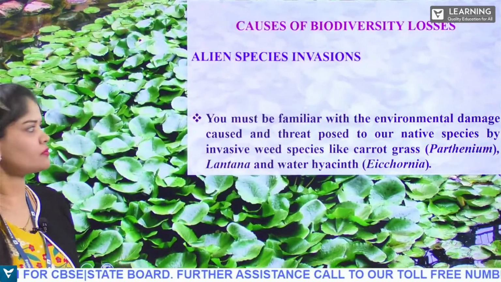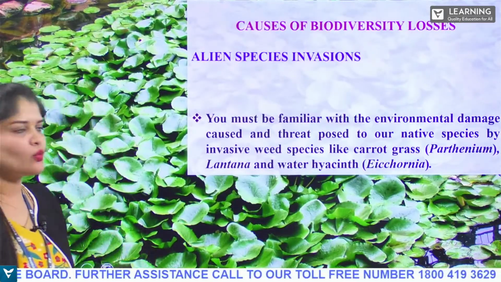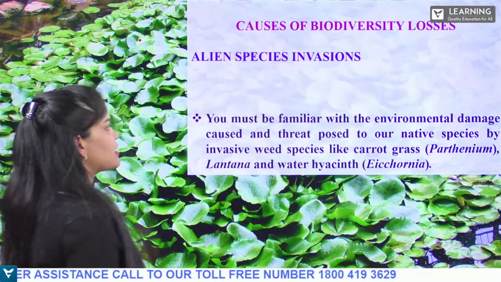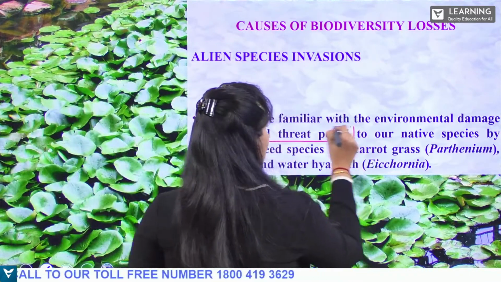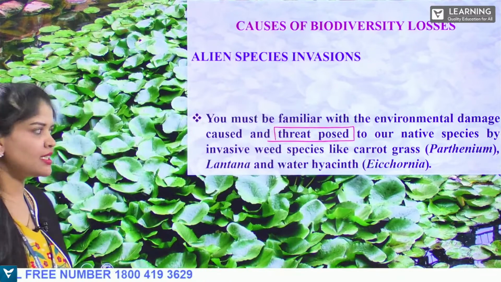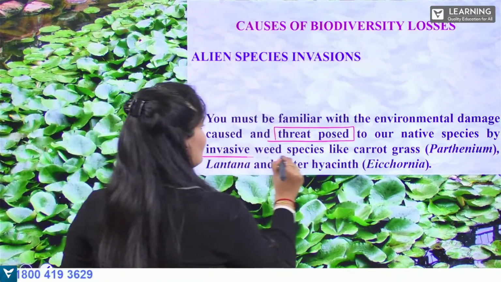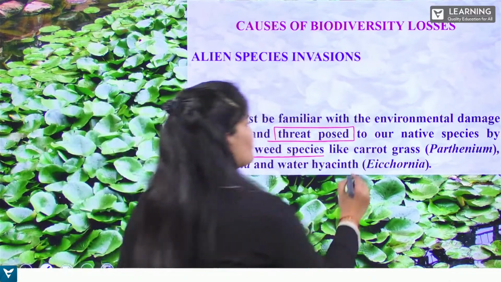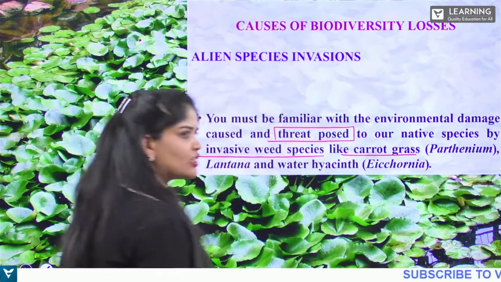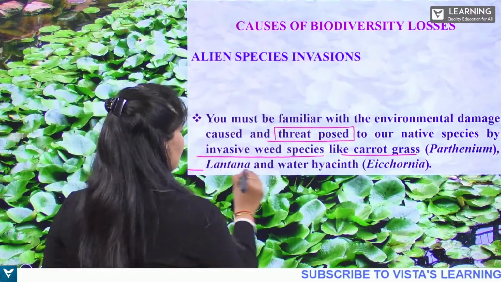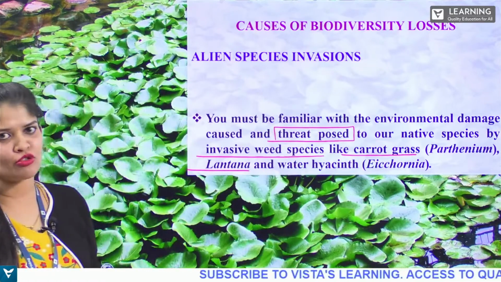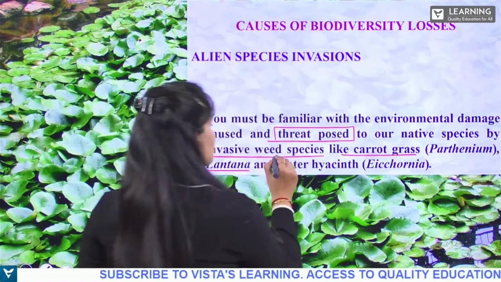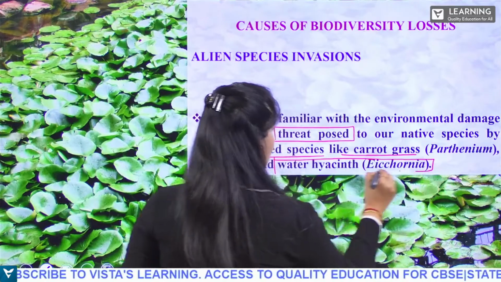Now, we must be familiar with the environmental damage caused and the threat posed to our native species by invasive weed species such as Parthenium, which is carrot grass growing on the lands, as well as Lantana. These are also plants which grow on land, and the water hyacinth, Eichhornia, which grows in water.